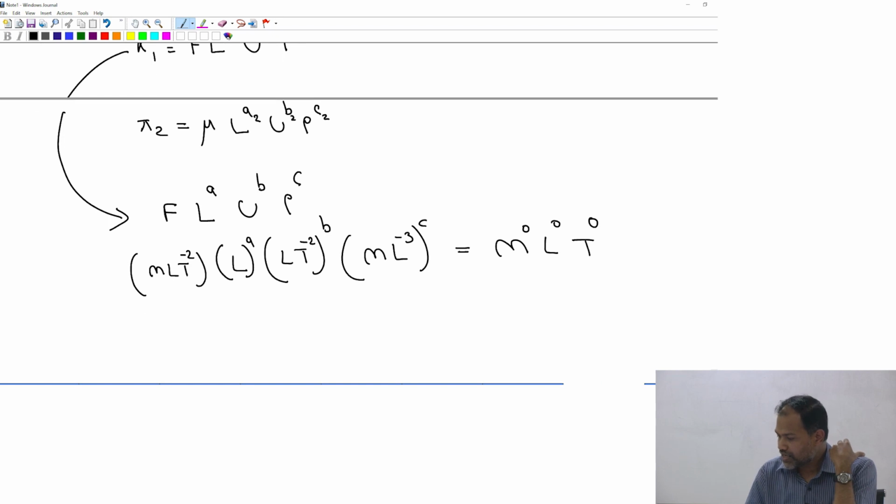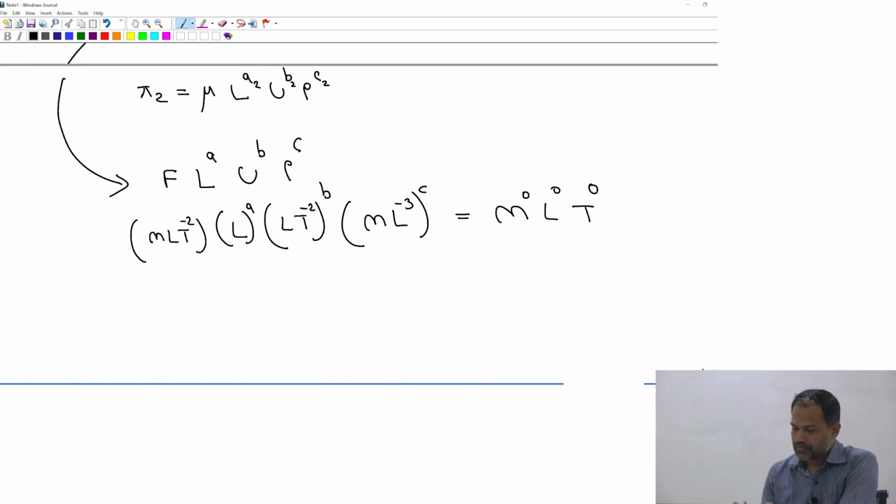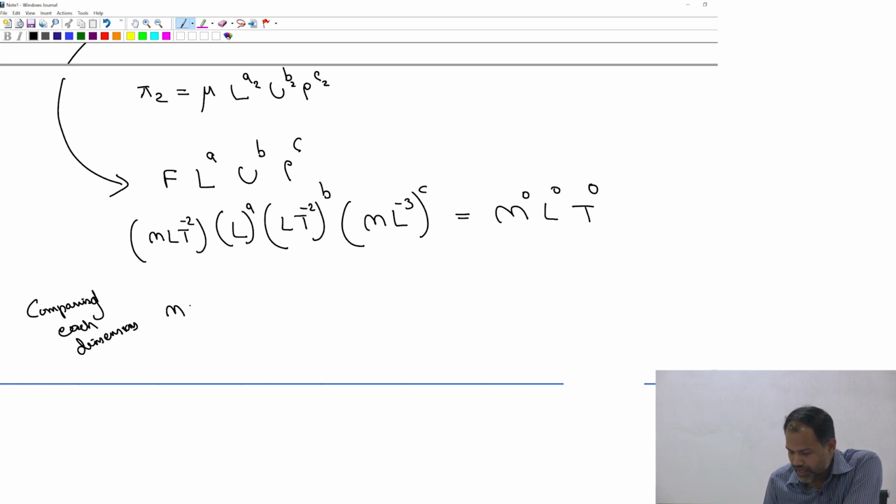If I compare mass, there is an M to the power of 1 and an M to the power of C, and that will give me 0. That means 1 plus c should be 0, and therefore c should be equal to minus 1. Correct?